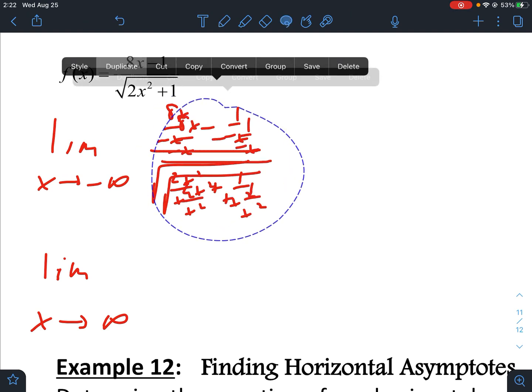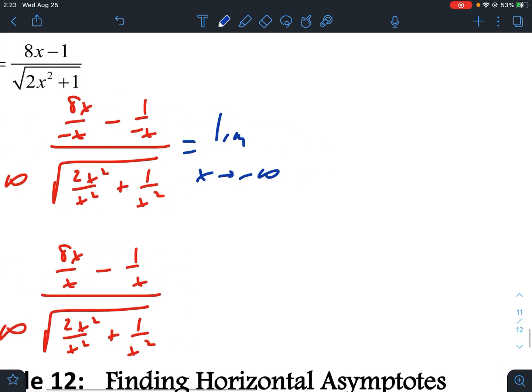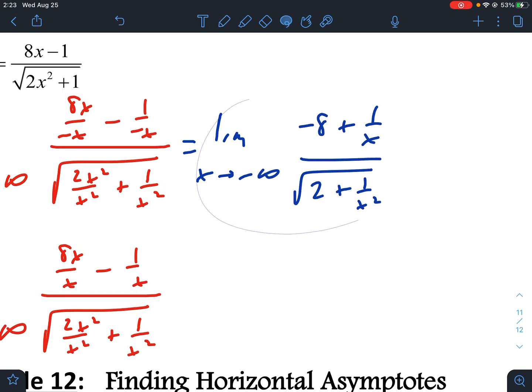And for this one down here, it's going to be the same thing, except since we're going to positive infinity, we're going to divide by positive x on both those sides there. Okay, and then we just do some simplifying. So we would get the limit as x approaches negative infinity of (negative 8 plus 1 over x) over the square root of (2 plus 1 over x squared).